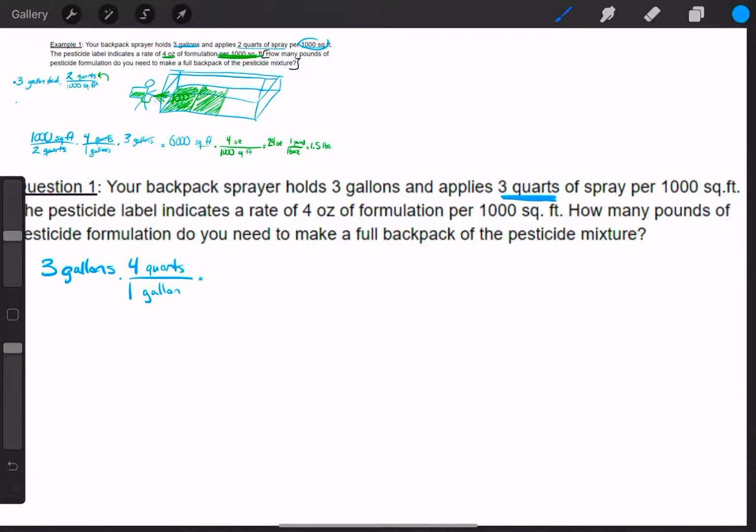And then I'm going to multiply that by our spray rate, right? For every 3 quarts, I cover 1,000 square feet. That gives me 4,000 square feet.